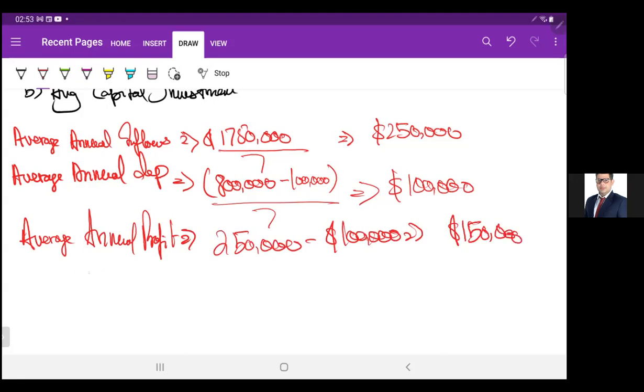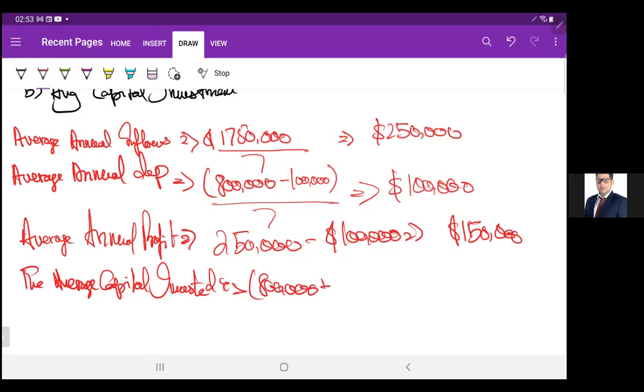The average capital invested is 800,000 plus 100,000, divided by 2. We will get 450,000.